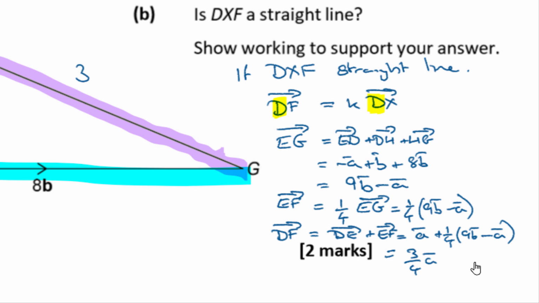And I've got 9B divided by 4, so that's 9B over 4. And they're both going to be positive. So 3/4 of A plus 9/4 of B. I can see already, if I factorize out 3 out of that, then I should be on to a winner.